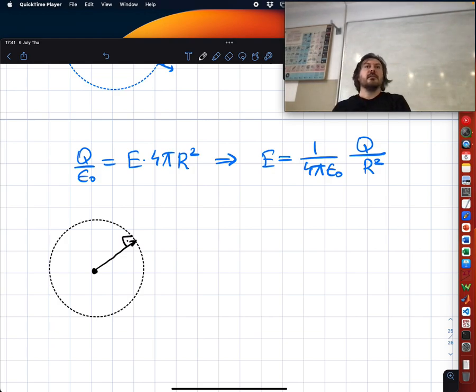Then Gauss's law becomes useless. It's still true. Integral E dot dA is always Q enclosed over epsilon 0. But if you don't have symmetry, you remember the password? If you don't have the symmetry, then you can't find the electric field. Okay?